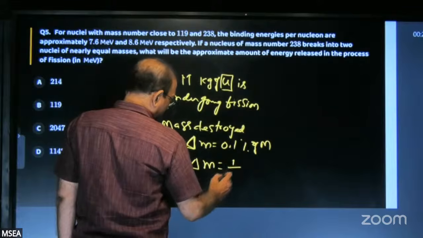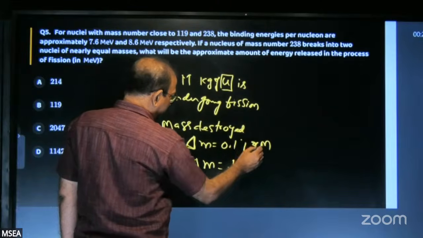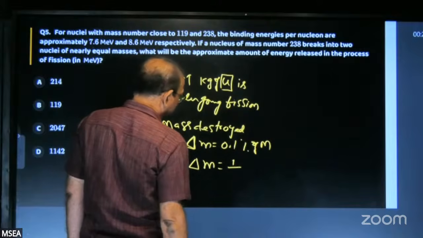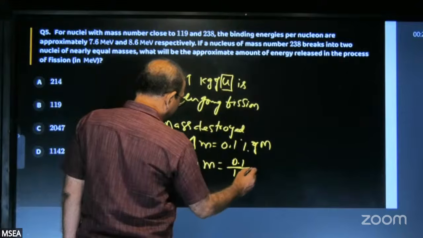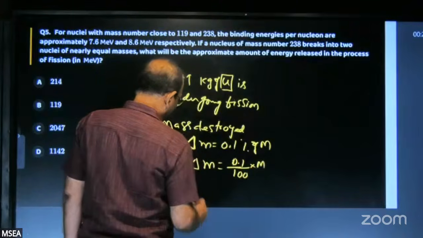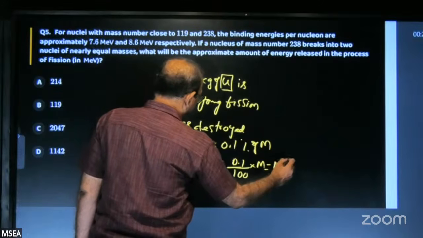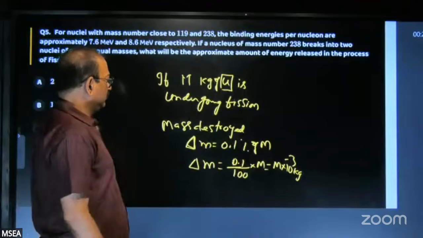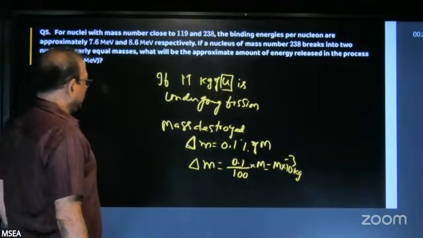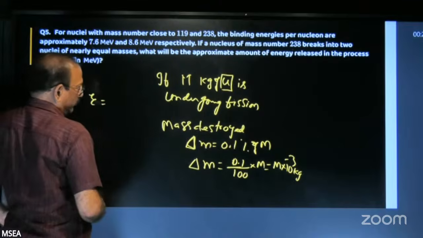0.1% of this m means how much is it? 0.1 by 100 into m. That is m into 10 power minus 3 kg mass destroyed. Therefore, what is the energy released you want?